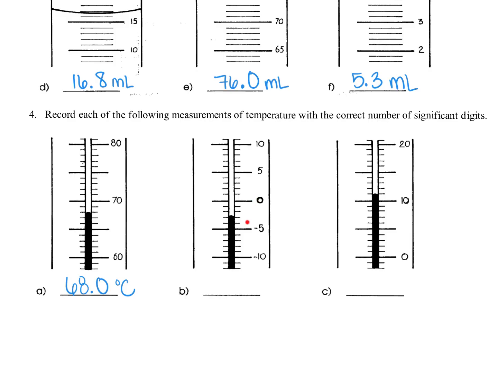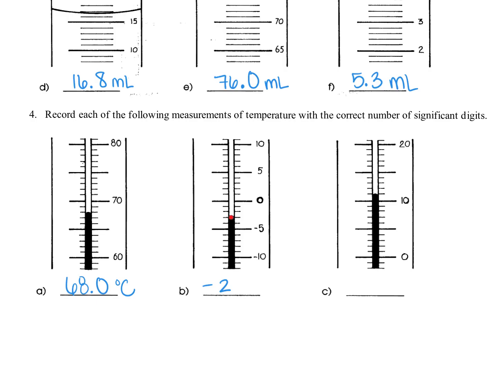Okay, this one here is 0, and then this is -5. So what is this line right here? This is -1. What's this one? -2, -3, -4, -5. Okay. So this one is -1, -2. Does it look like it's in between -2 and -3 to you? Okay, so it's definitely -2 point something, right?